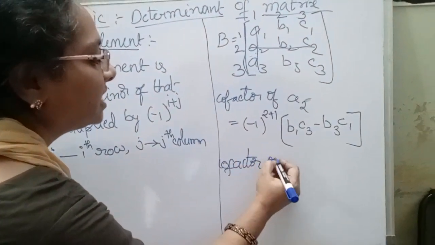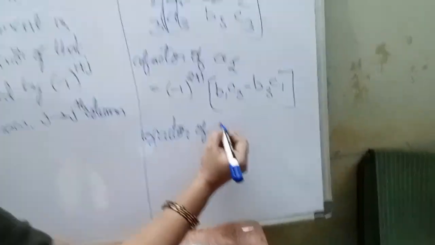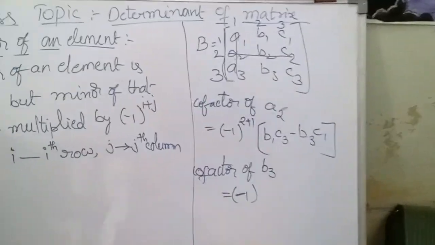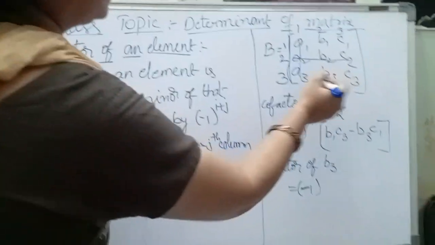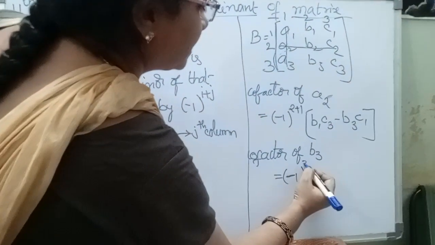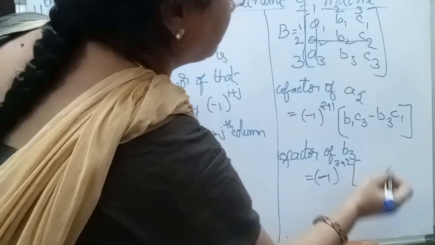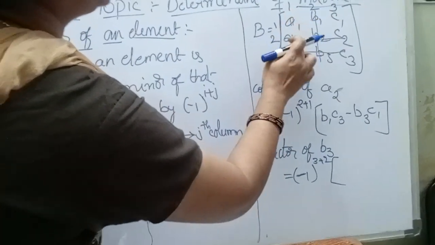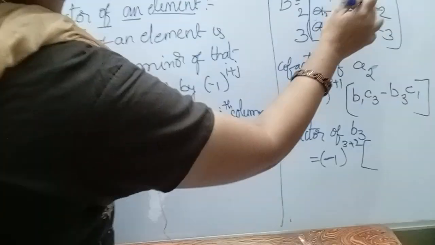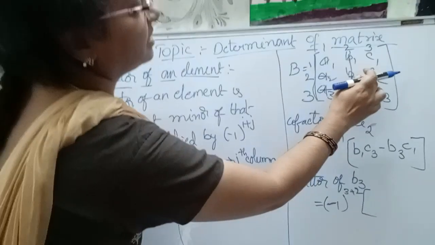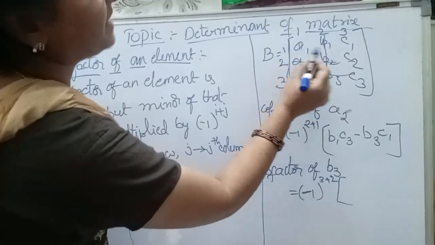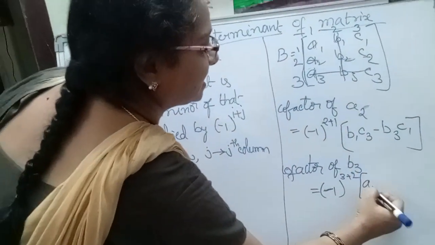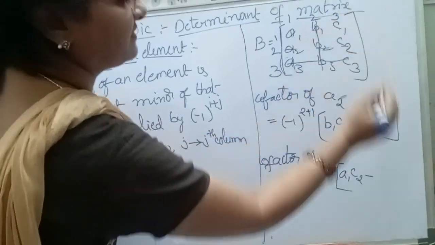Let us write one more cofactor: the cofactor of b3 equals minus 1 power 3 plus 2, since b3 is in the third row, second column. Delete its row and column; the remaining are a1 c1, a2 c2, that means a1 c2 minus a2 c1.